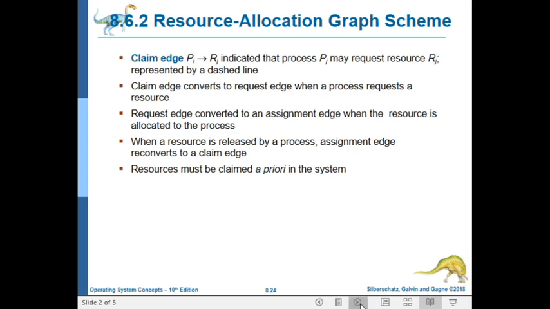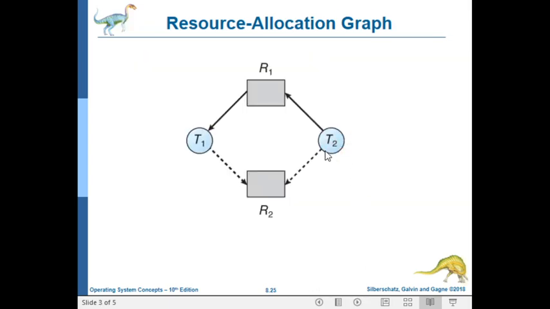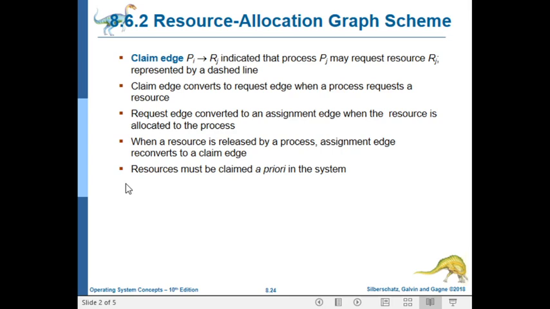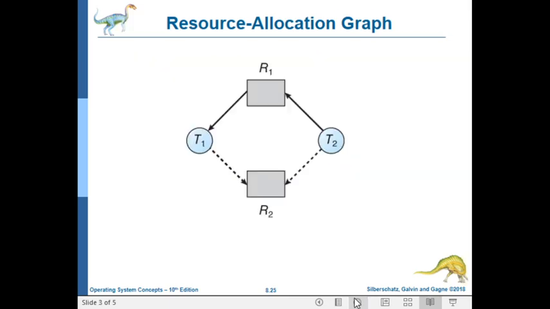For example here, thread T2, the possible resources that it may request are R1 and R2. So these claim edges must already appear in the resource allocation graph. That is what a priori means in the system.